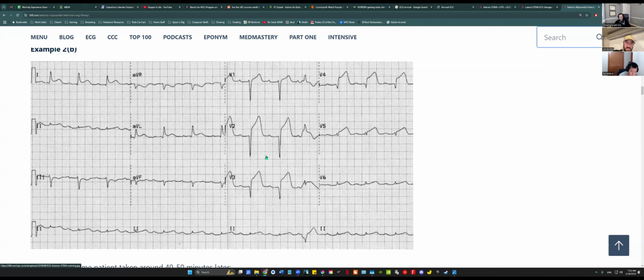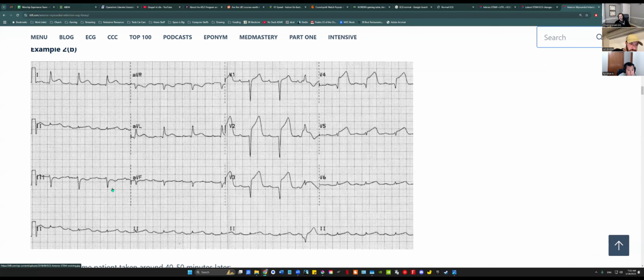Is it kind of the inferior region here? Lead three, very small. It's like 1 millimeter. But do you see how this ST is kind of curving down just a little bit?